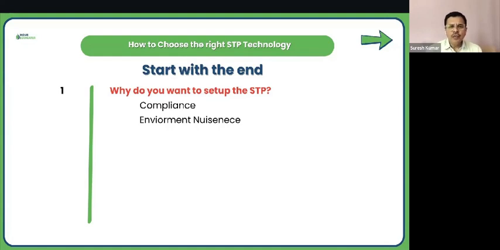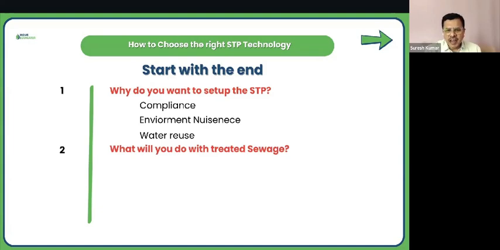These could be the reasons why you want to set up an STP, right? Or it also could be that you don't have water, you want to reuse the water, so you are setting up an STP. Out of love for environment, nobody sets up an STP because it's a headache. It's not a question of investing money. It is also a question of investing your time and energy to keep it fully functional.